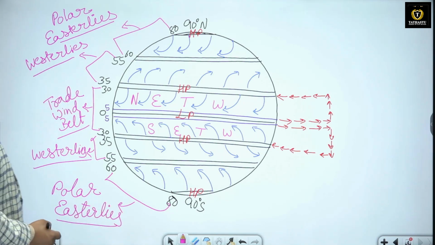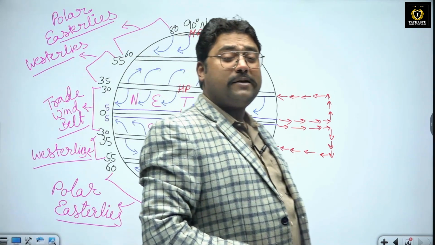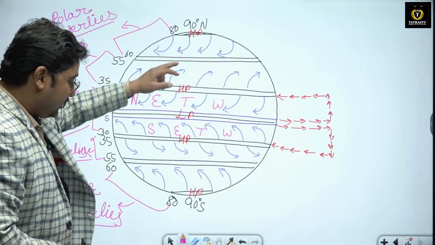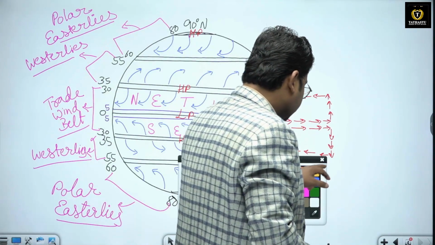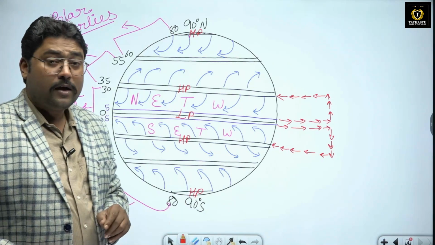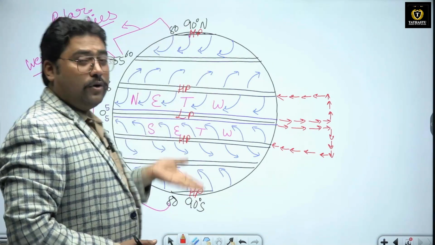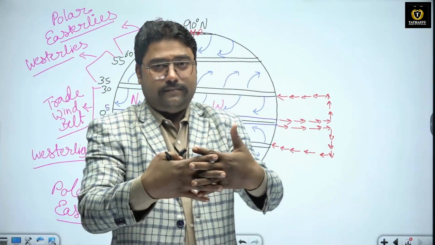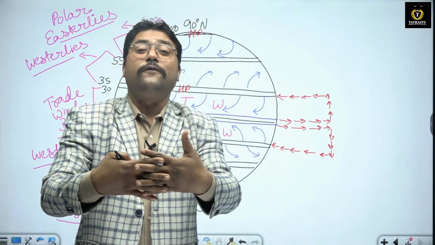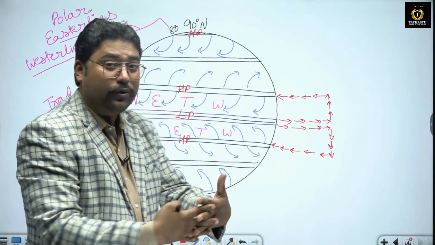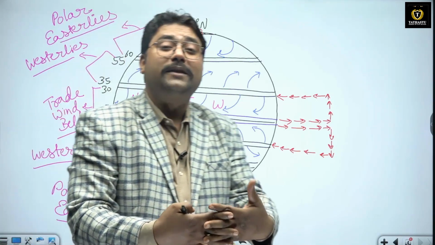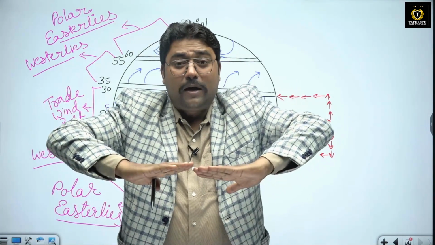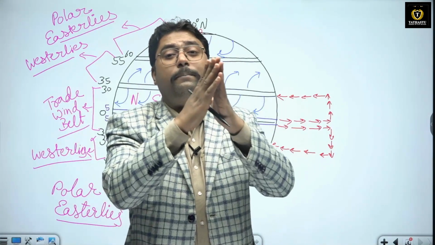Now we got two more wind belts, one in the northern hemisphere and one in the southern hemisphere. But one pressure belt is still left. Let's have a look. Westerlies and polar easterlies: when they meet between 55 to 60 degree latitude, if you remember the dynamic pressure belt, when the winds come from two opposite directions, they will move up.